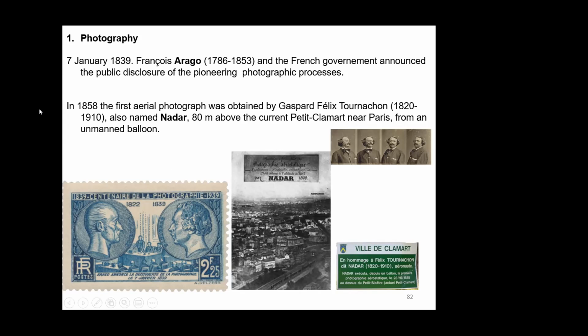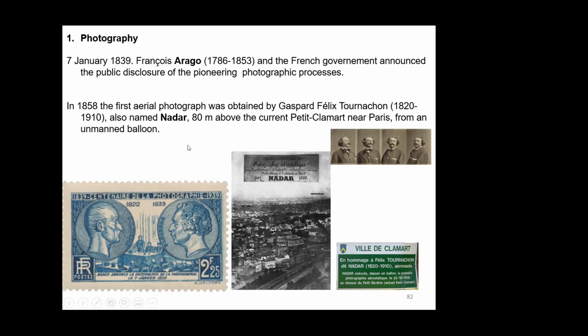And in 1858, the first aerial photograph, because this is our aim, it's mainly aerial photographs, was obtained by a man with a relatively strange name, Gaspard-Félix Tournachon, but his surname is Nadar.